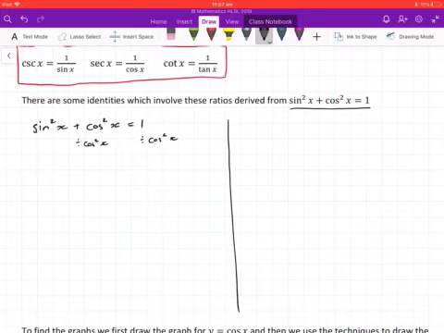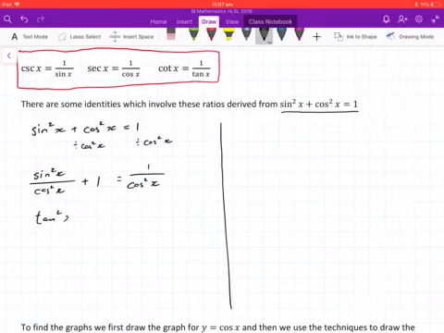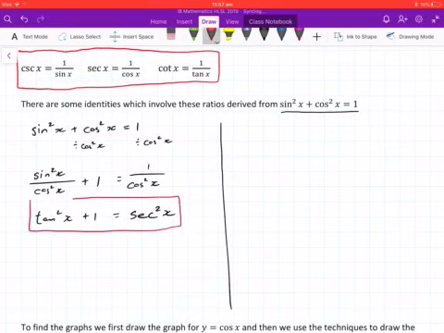Well, sine squared x over cos squared x plus, well, cos squared x divided by cos squared x is 1, equals 1 over cos squared x. Now you can see that the first one is tan squared x plus 1 is equal to 1 on cos squared x, and 1 on cos is sec, so it's sec squared x. So here we have a relationship between tan squared x and sec squared x, which comes from our identity.